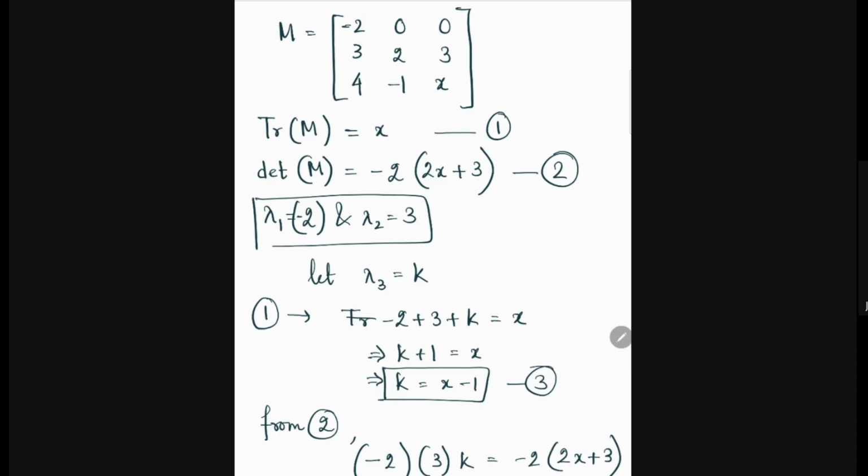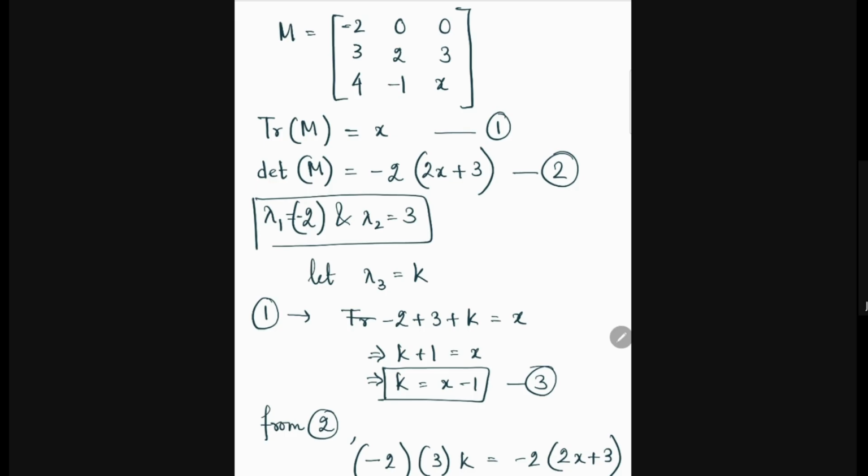Now if we put k is equal to x minus 1 and simplify it, what will we get? X is equal to 6, right?